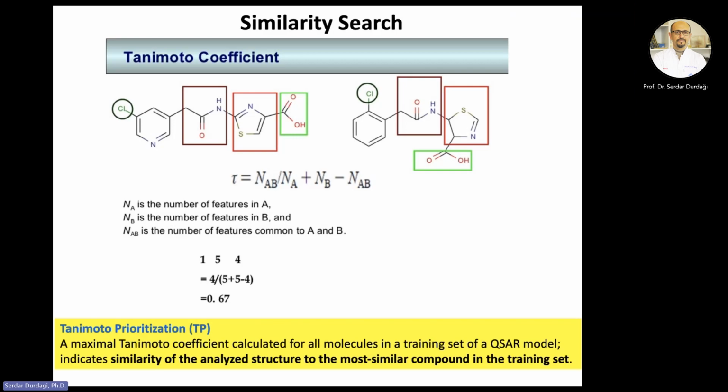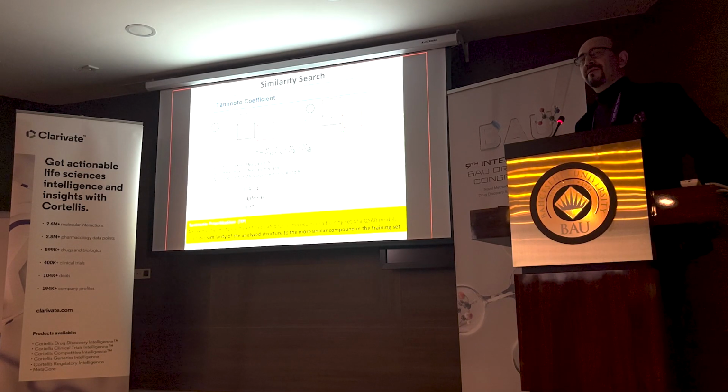The formula is N_AB, the number of features common to A and B. This feature, this feature, this feature, and this feature are common, so we have 4 common features. Divide by the features in A, which is 5, plus the features in B, which is 5, minus the common features, which is 4. If you do this, you will get 0.67, which means these two molecules are 67% similar to each other. Okay, is this clear?